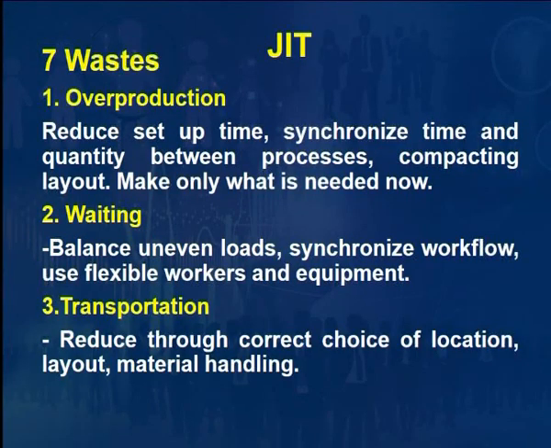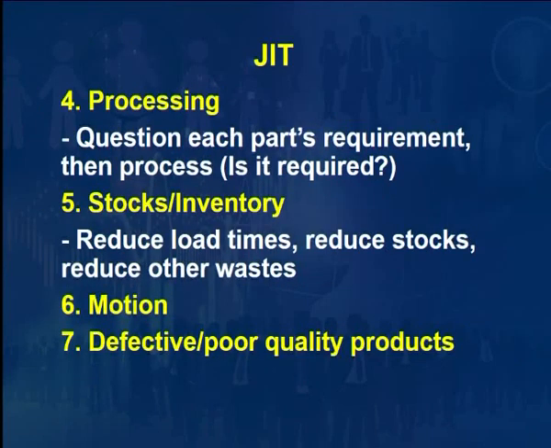So we will see from this slide, JIT believes that there are 7 wastes in the organization. The first waste is overproduction, second waste is waiting, third is transportation, fourth is processing, fifth is stocks and inventory, that is extra stocks and inventory, sixth is waste of motion, and seventh is defective, poor quality products.